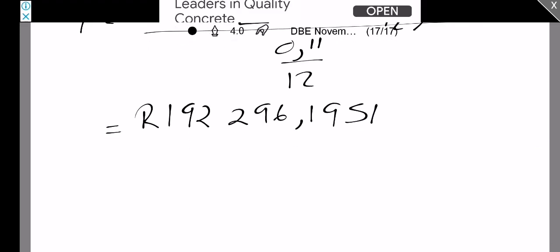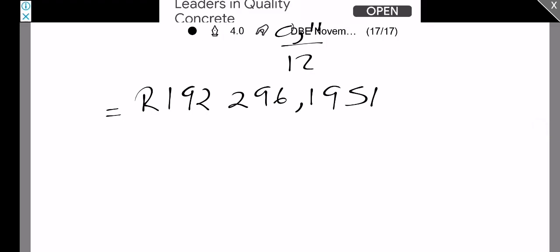This is the balance that is due after 12 payments. Now from this balance, we are not interested in this balance, but what is within that 12 monthly installments.